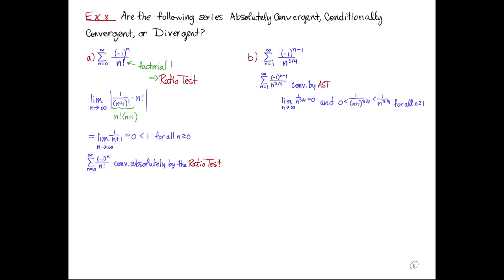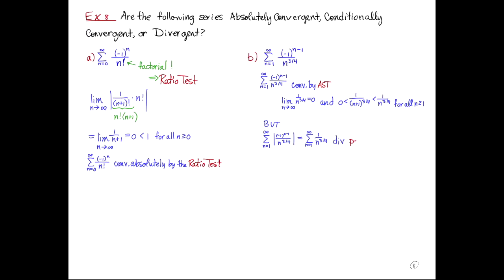greater than or equal to 1. But the sum from n equals 1 to infinity of the absolute value of our terms, negative 1 to the n minus 1 over n to the 3/4, which is equal to the sum from n equals 1 to infinity of 1 over n to the 3/4, diverges.